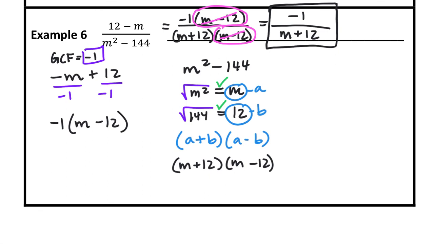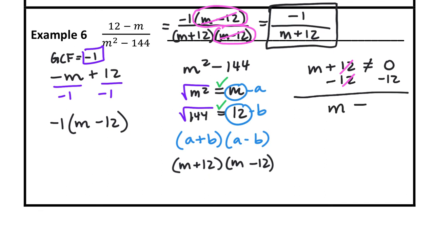We copy the m plus 12, set it equal to 0, and remember, we're eventually going to put cannot equal to. So the m plus 12 cannot equal 0, so we solve for m. This 12 and this 12 cancel, so we end up with m cannot equal negative 12. All right, so this is my fraction and this is my restriction.